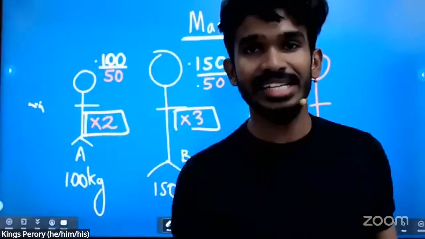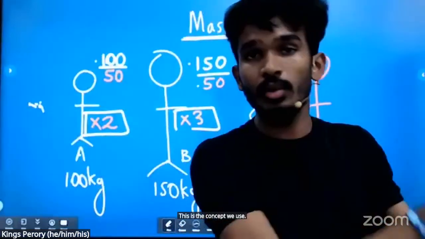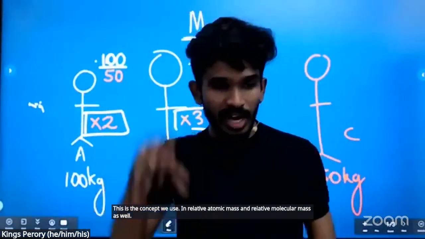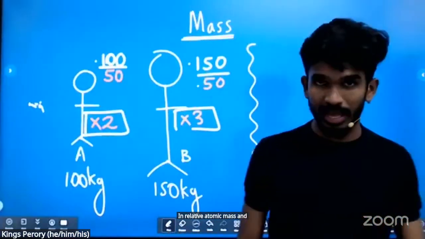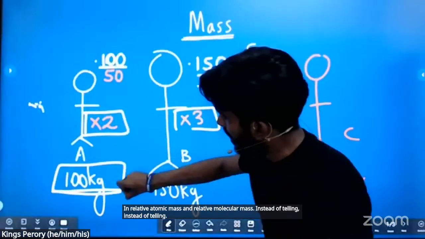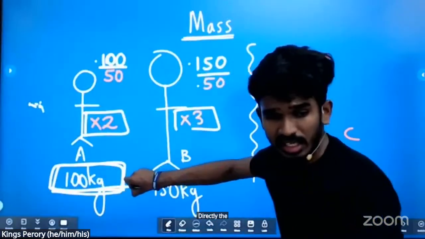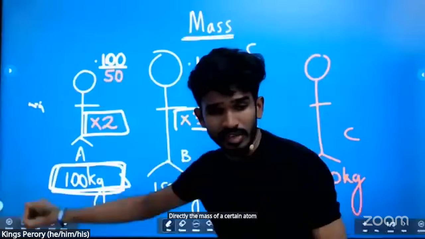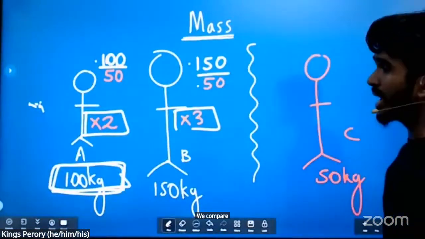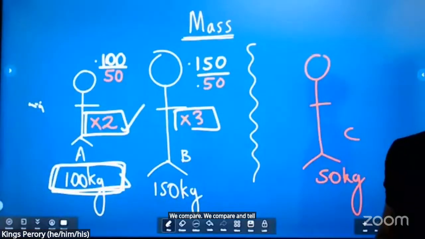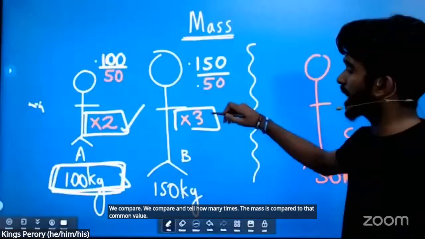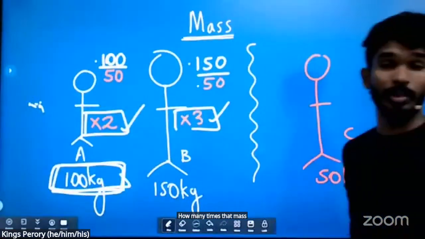This is the concept we use in relative atomic mass and relative molecular mass as well. Instead of telling directly the mass of a certain atom or molecule, we compare and tell how many times the mass is compared to that common value.